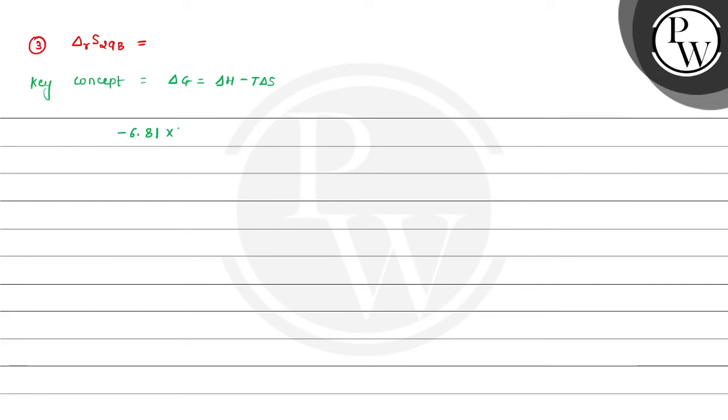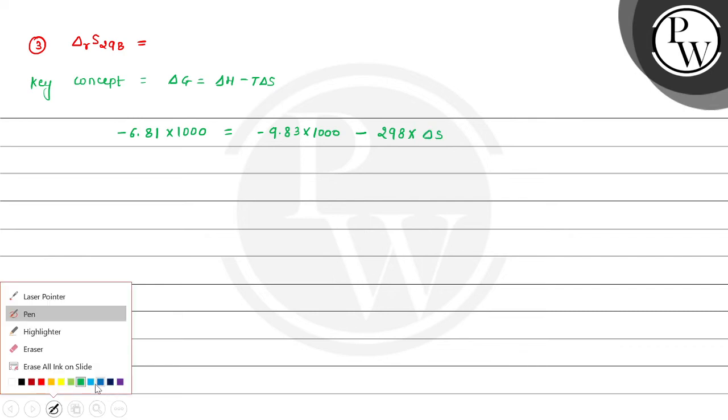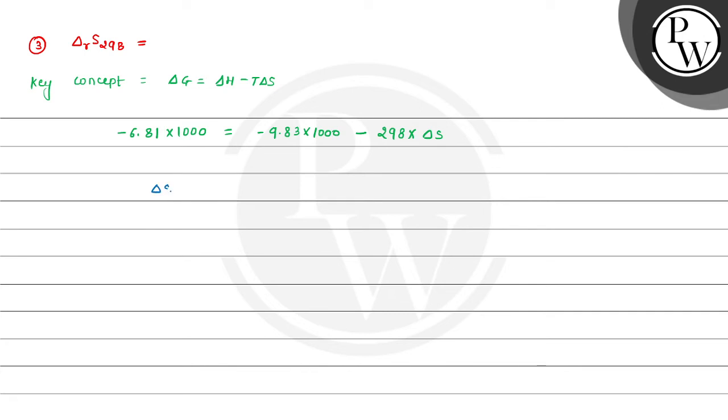So we will multiply by 1000 so that the value converts into calorie per mole, and the del H value is also in kilocalorie, so we will write here minus 9.83 multiplied by 1000 minus the temperature 298 multiplied by del S. So the del S comes out to be minus 10.13 calorie per Kelvin per mole. Now this is our third answer.